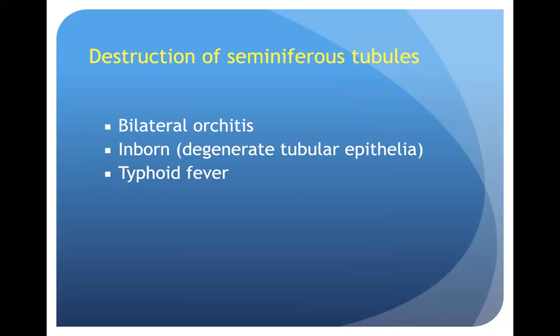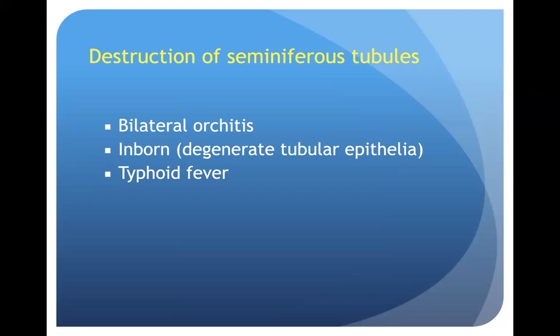So there are different events that can destroy your seminiferous tubules, which can lead to infertility or which can affect your spermatogenesis. One of the first is what we call bilateral orchitis. When you say orchitis, this is the inflammation of the testis.